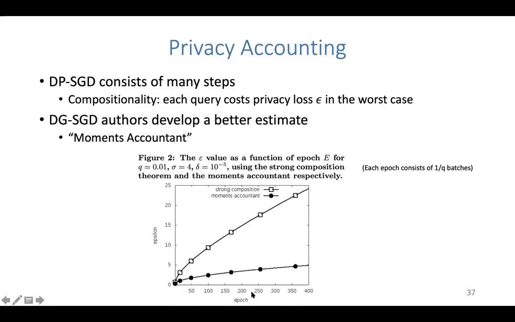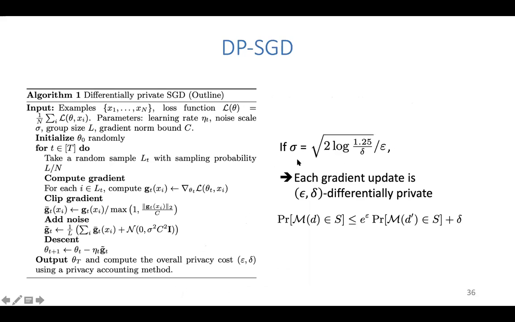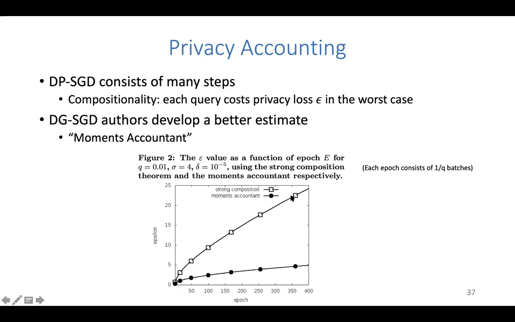So as you run epochs, as you run your gradient updates, the total privacy loss increases by this much if you simply add this epsilon again and again for each update. If you simply add each privacy loss for each update, you will get this privacy loss curve.